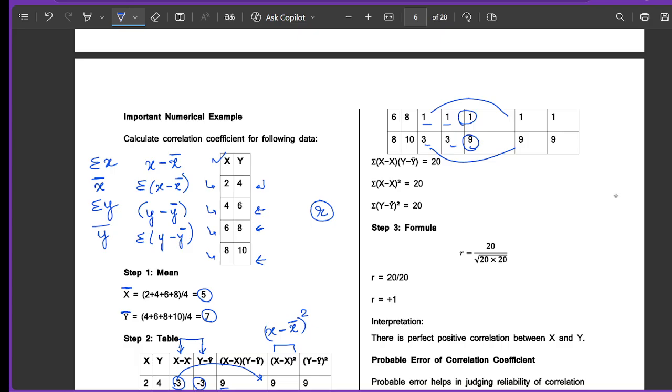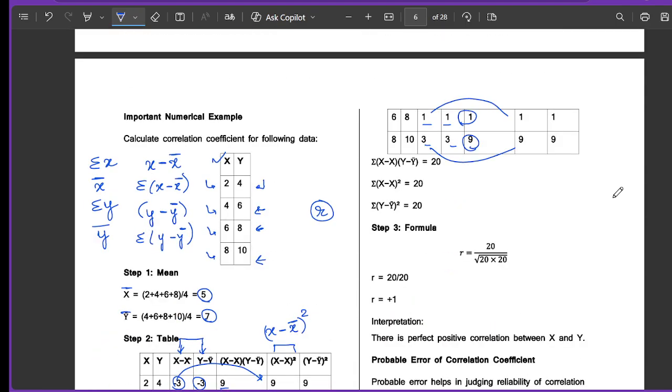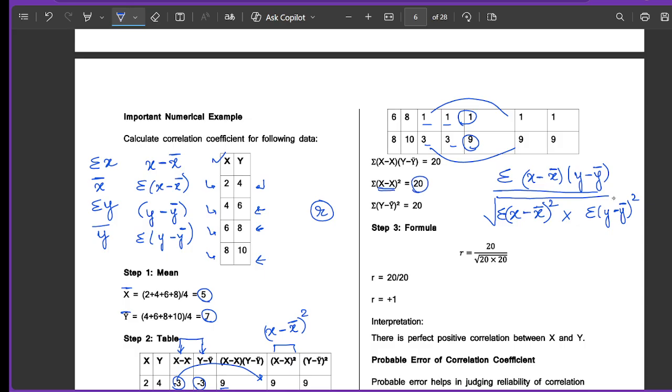Now they have put in the formula. We already know what the formula is. The formula was the summation of x minus x bar multiplied by y minus y bar. So whatever this came to, first you have to sum it, then divide by the root of the summation of x minus x bar squared multiplied by the summation of y minus y bar squared. So the summation of x minus x bar squared comes out to be 20, and for y also it comes out to be 20.